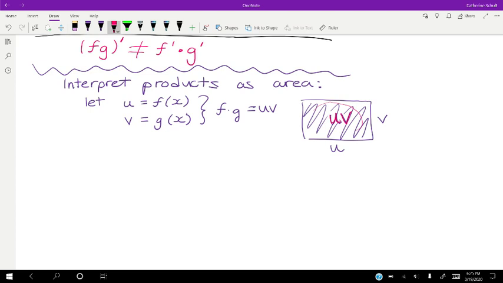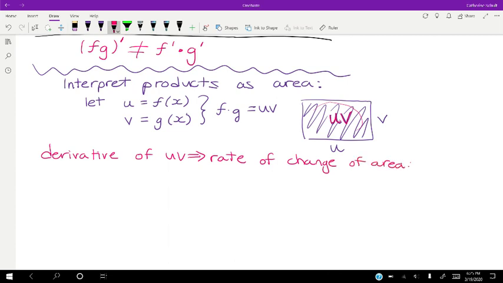The derivative, remember, is like a rate of change. So taking the derivative of an area uv is going to be interpreted as the rate of change of an area with respect to x.